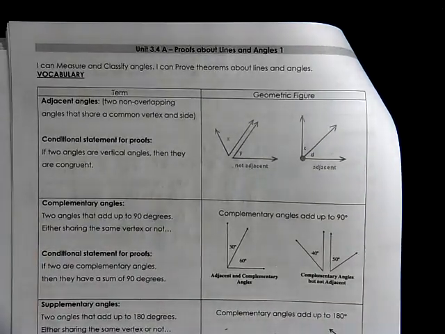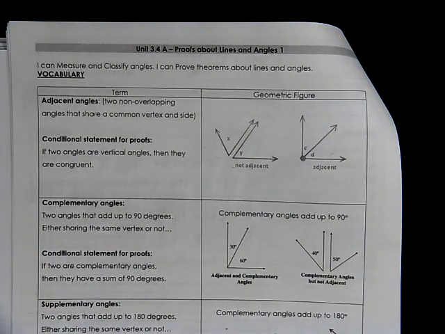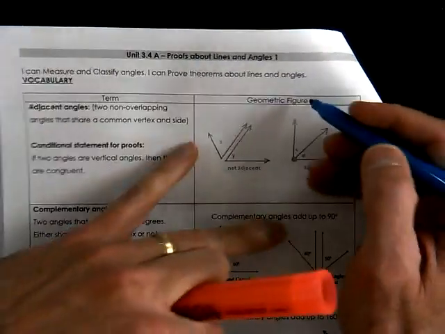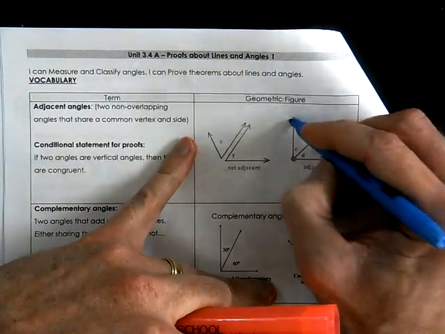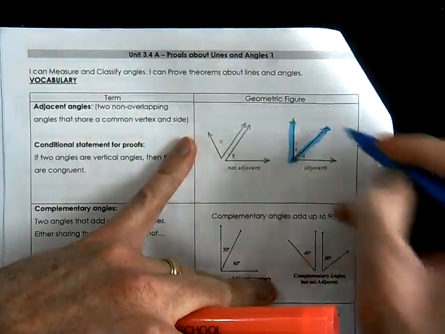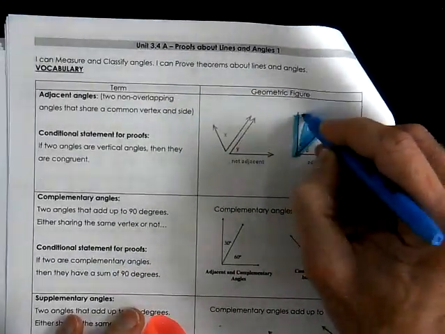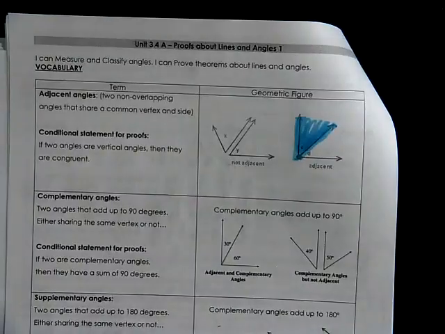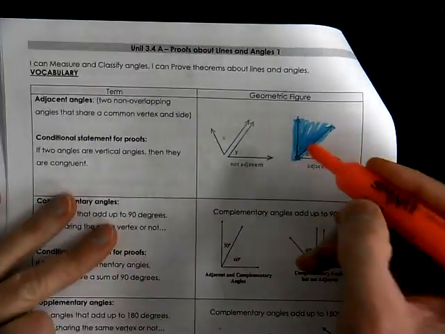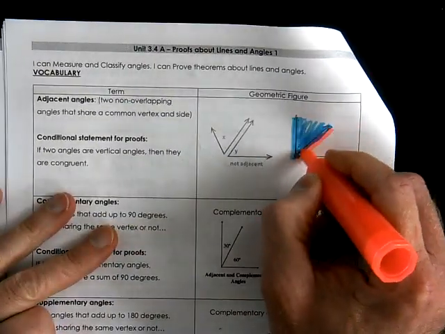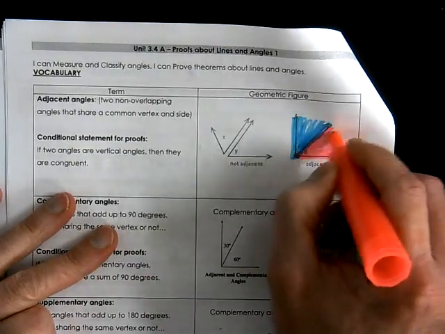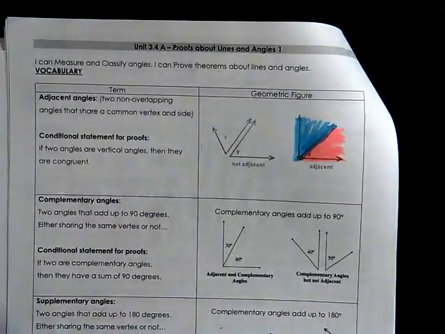But if you look over at the next example, you'll see that there's an angle, and its interior is over here. And here's an angle. Are they overlapping?